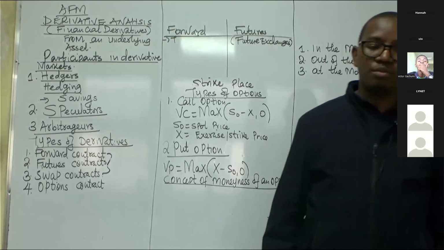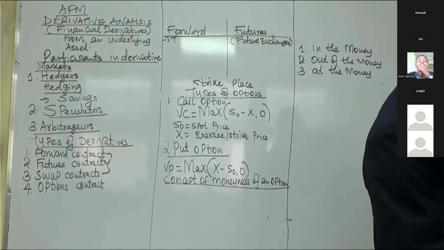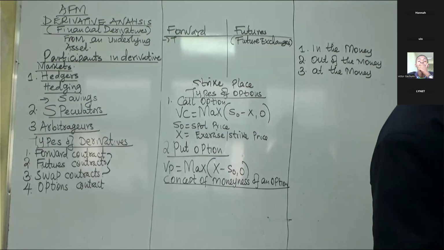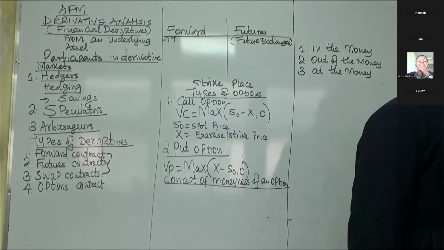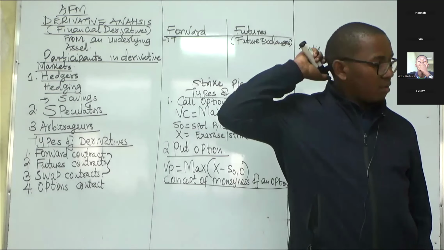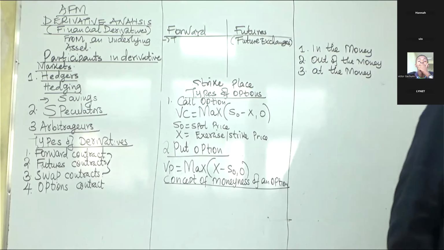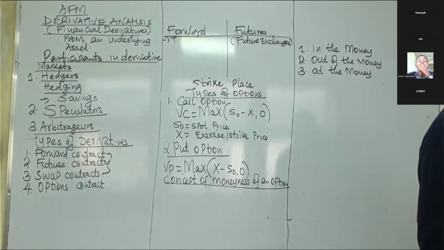Now, at the money options are those options in which exercising the option would produce cash inflows that are equal to cash outflows.